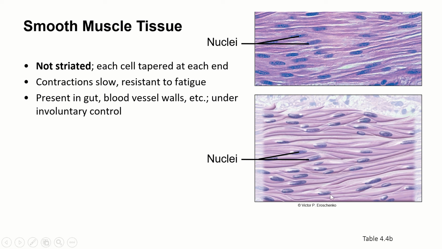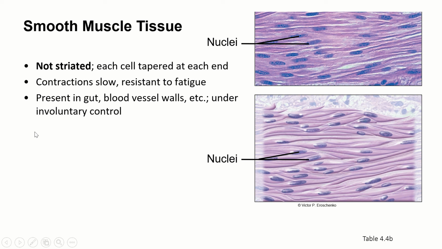Smooth muscle tissue tends to contract fairly slowly, but it's very, very resistant to fatigue. And in some places, such as between organs in your digestive system, bands of smooth muscle tissue stay contracted all the time, and they only open and relax when food moves from one part of the digestive system to another.